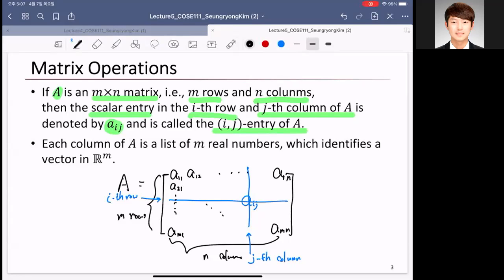One of the elements is a_ij, the ij entry. So this is just the definition of your matrix A.